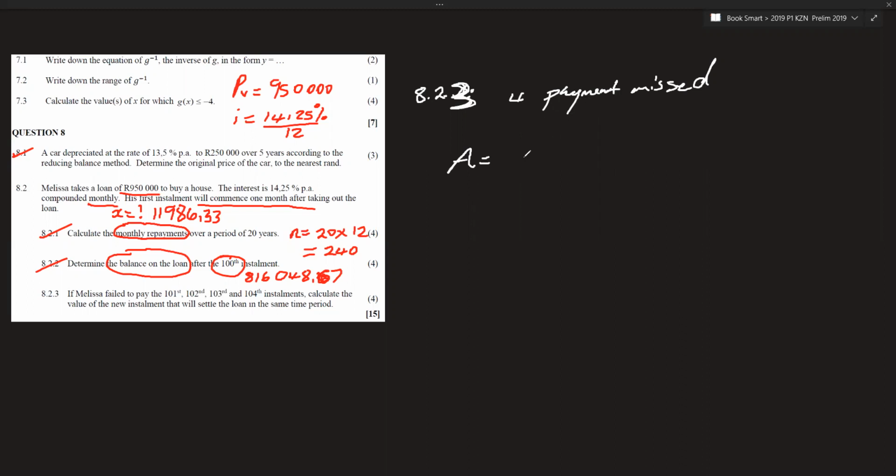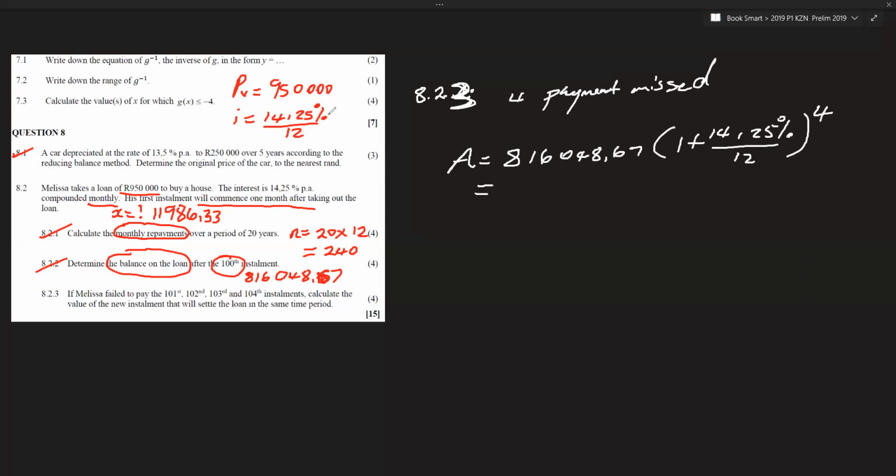So let's see how much she will be owing the bank after missing 4 payments. She was initially owing the bank 816048.67. Remember, it's 1 plus i, my i being 14.25% all over 12, to the power of the payments that she missed.